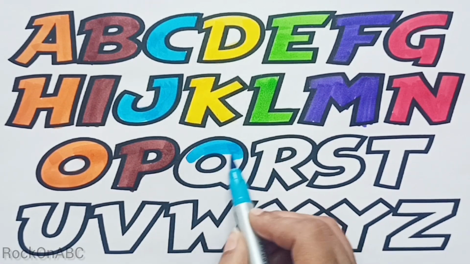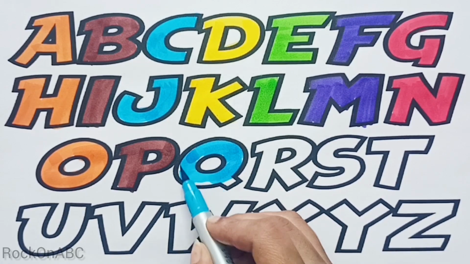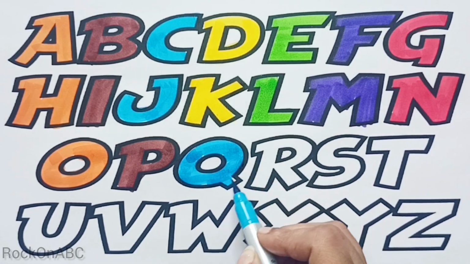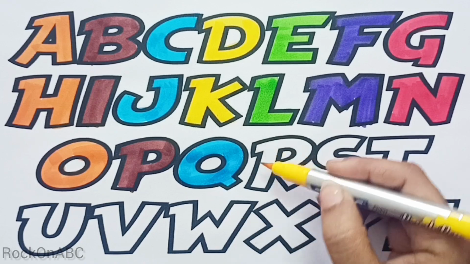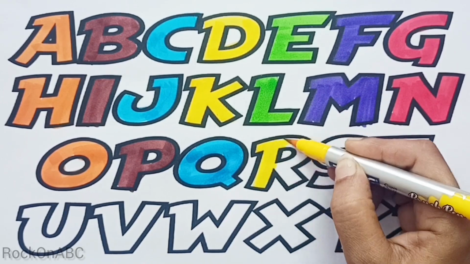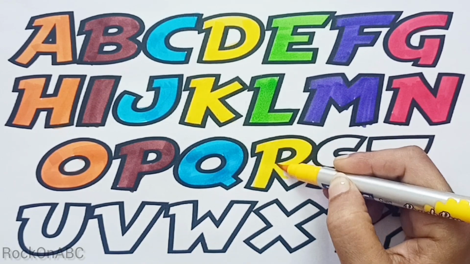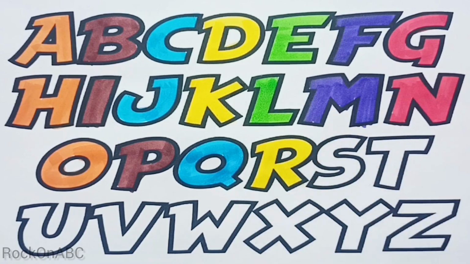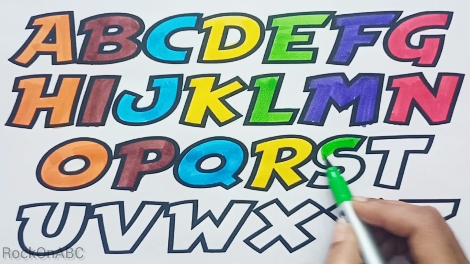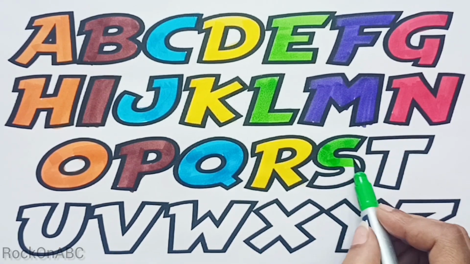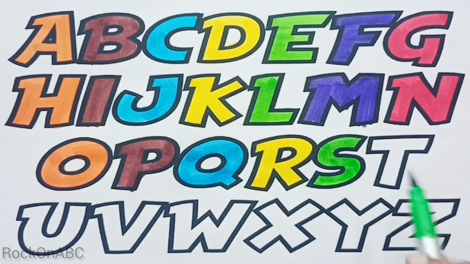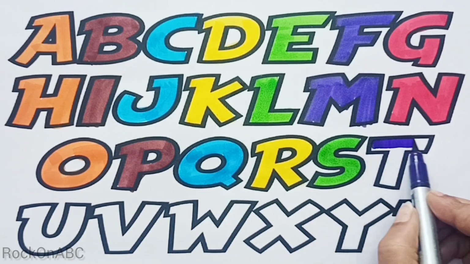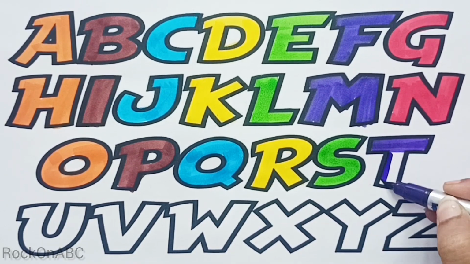Q for queen. R for ribbon. S for sunflower. T for tiffin.